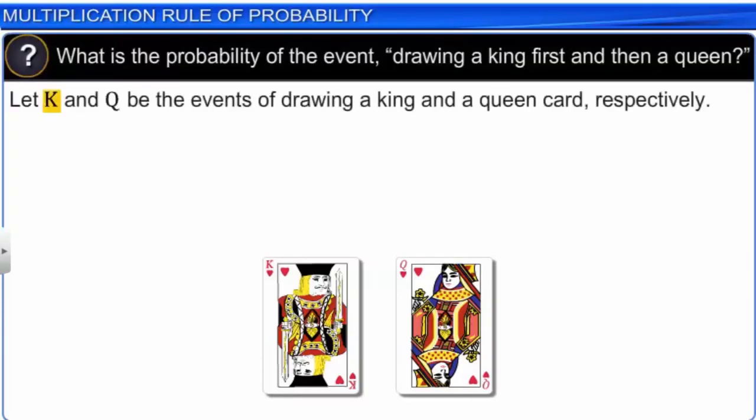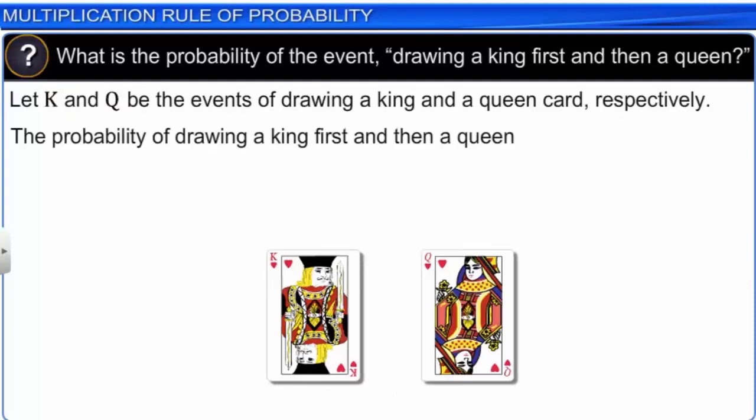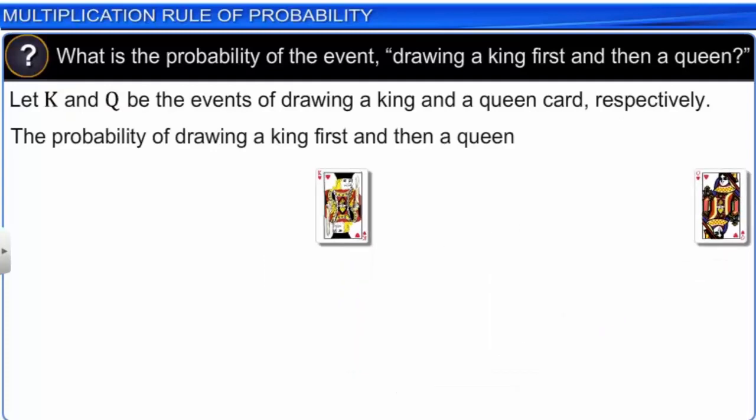Let K and Q be the events of drawing a king and a queen card, respectively. As we need to find the probability of drawing two cards one after the other, without replacement, we have to find the probability of K intersection Q.